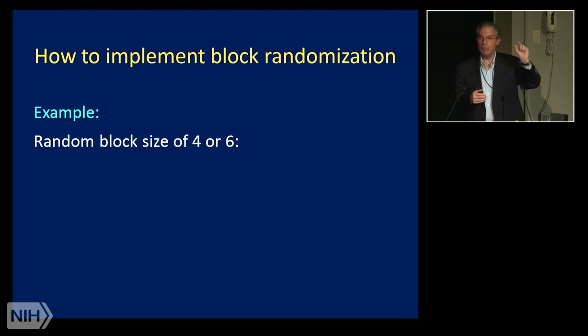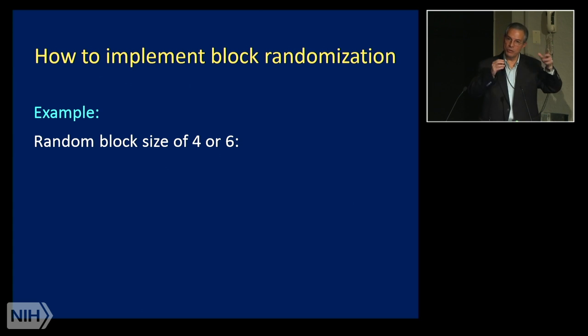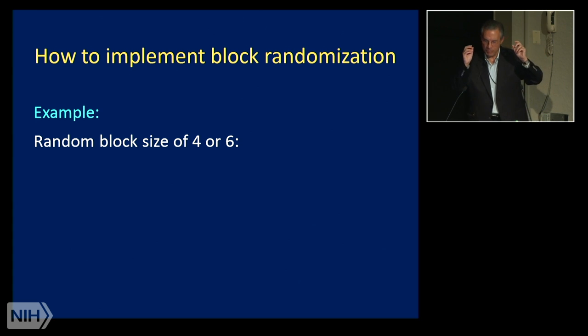So let's say it picked 6. So there are 3 A's and 3 B's, and the next 6 go into the trial. Then again it decides: block size 4, or block size 6? It picks that randomly, and then it picks randomly the permutation among the possibilities. I'll show you.